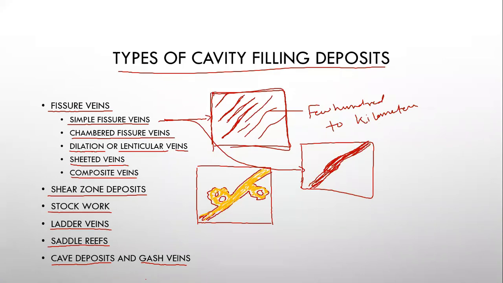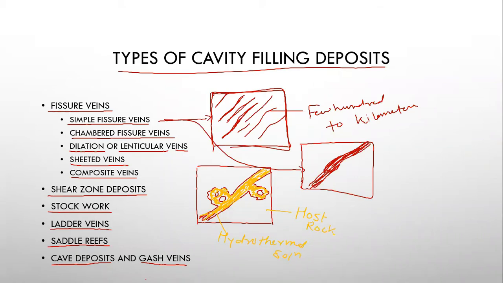Can you see here? This yellow color is a hydrothermal solution. It has precipitated, or you can say an ore deposit has formed, and this is nothing but the host rock, or country rock.